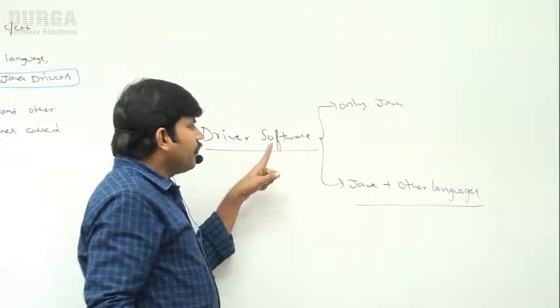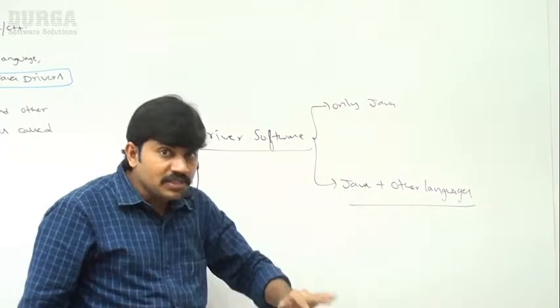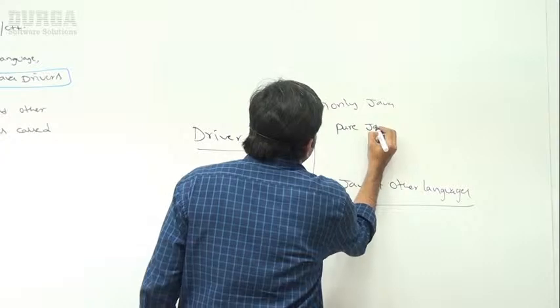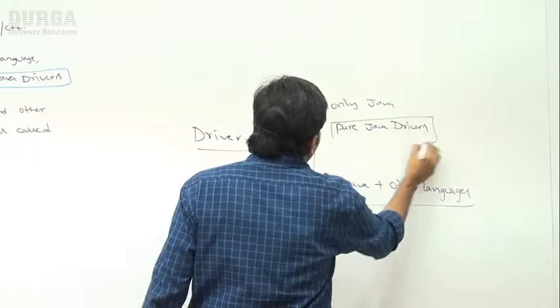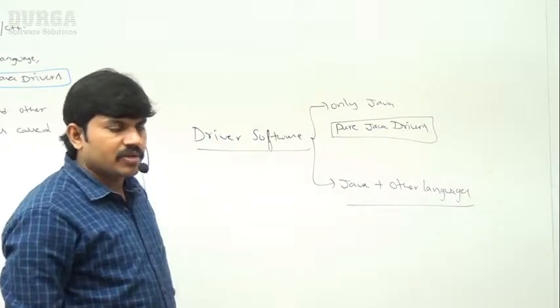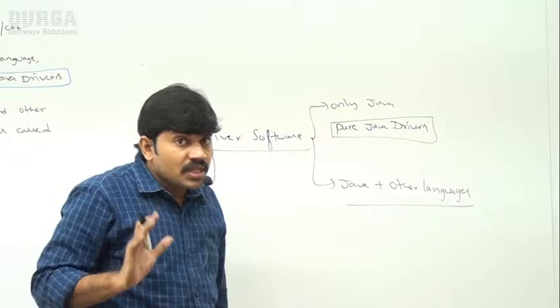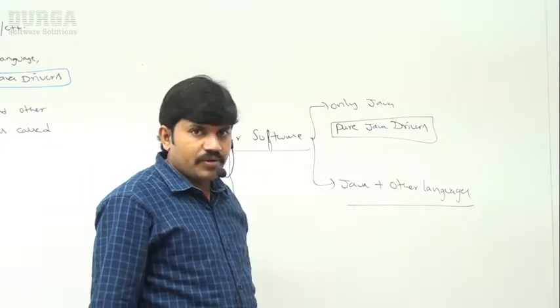If I use only Java, the total driver software is developed only in Java, such type of drivers are called pure Java drivers. Remember this one. Pure Java drivers. This driver, the complete driver software, is developed only by using Java. Such type of driver softwares are called pure Java drivers, right?